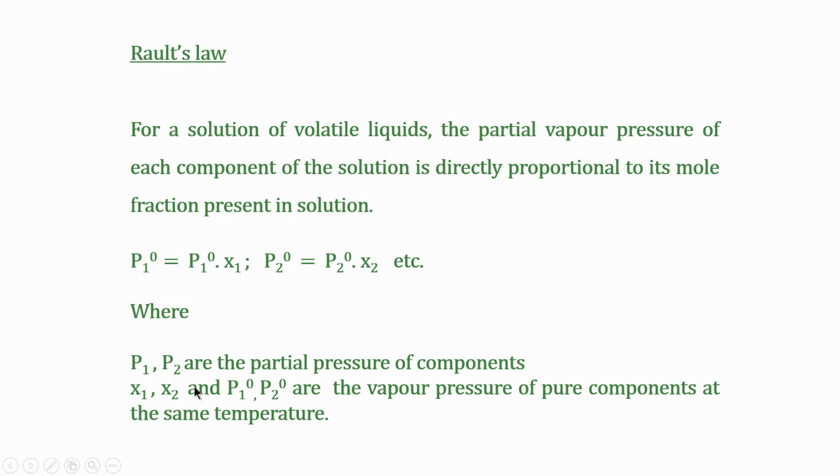Here there is an error on the slide; please make a correction if you are noting it down. It should not be P2 naught on the left side, it should be P2 only. And here also it should be P1 on the left side. So, I will try to correct that also.